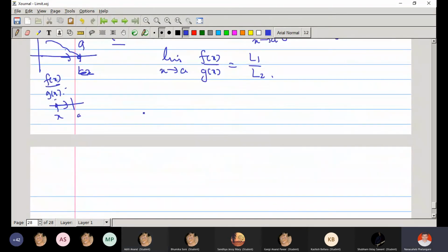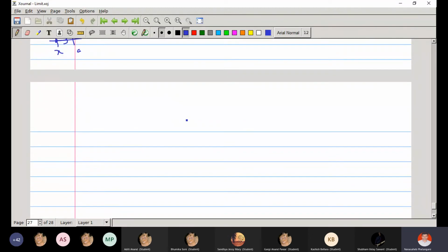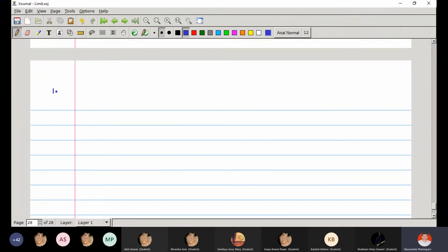Okay. So before proving this theorem, we'll see a lemma. What is meant by a lemma? A lemma is a result or statement which is useful to prove some big theorem.